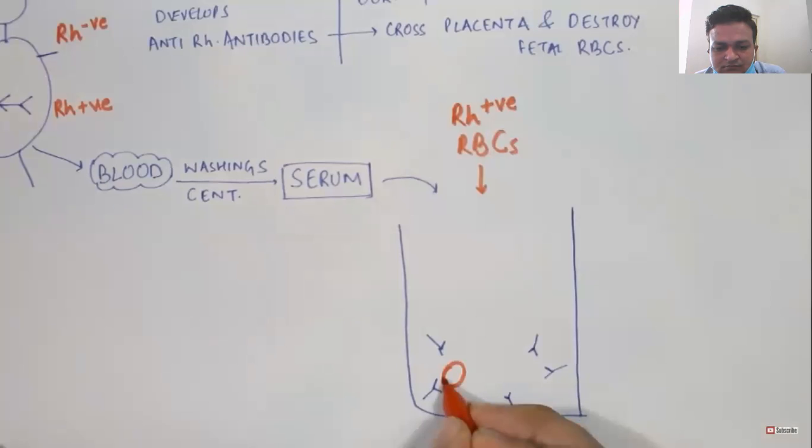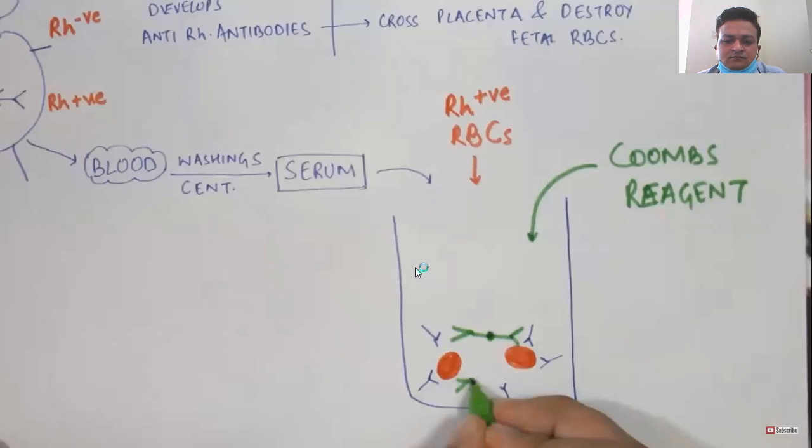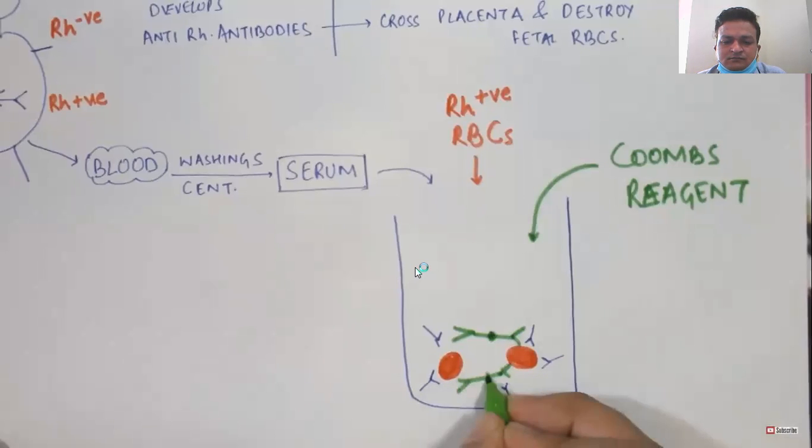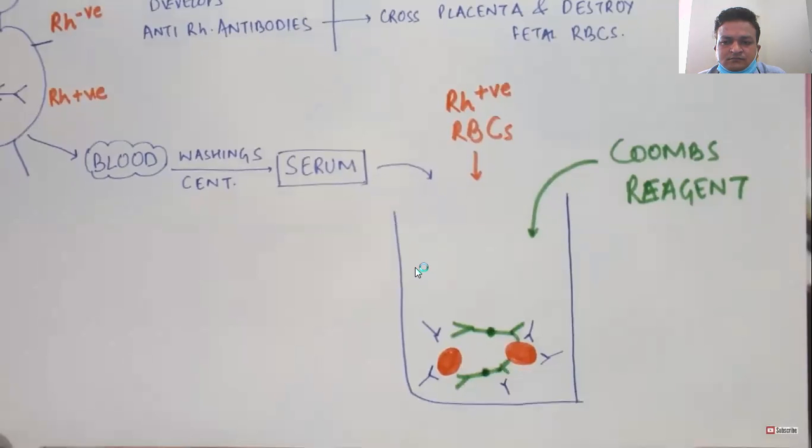So again, these antibodies will bind to these Rh positive RBCs. And the next steps are the same as that of the direct type of the Coombs test. So when we add the Coombs reagent into this sample, these antibodies again bind to these anti-Rh antibodies and cause the agglutination. So an agglutinated mass of RBCs is formed at the bottom of the test tube.